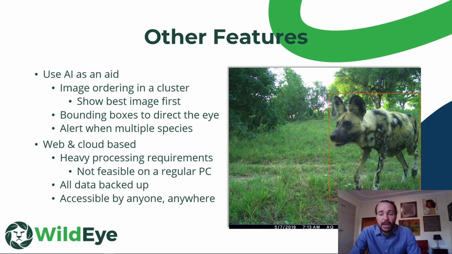So we rather have you upload these images to the cloud, and then once they're there, we can scale up our processing resources, process the data quickly and efficiently, shut it down, and process it as cheaply as possible as well.